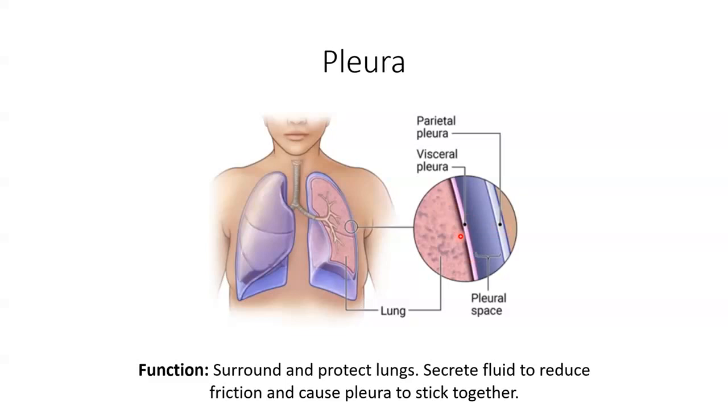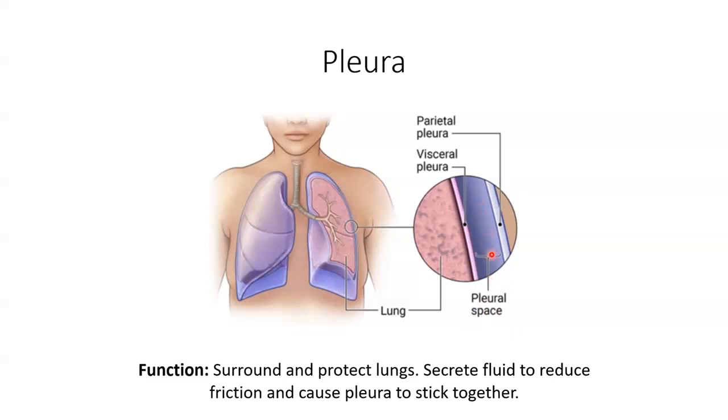The deeper or more inner layer is called the visceral pleura, and this covers the lungs themselves. Between that parietal and that visceral pleura is a small space called the pleural cavity. Here it's just referred to as the pleural space.